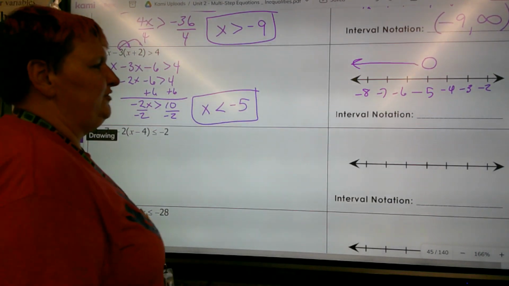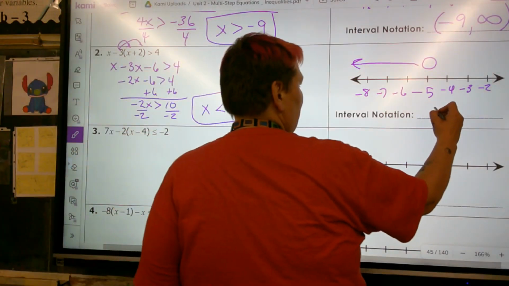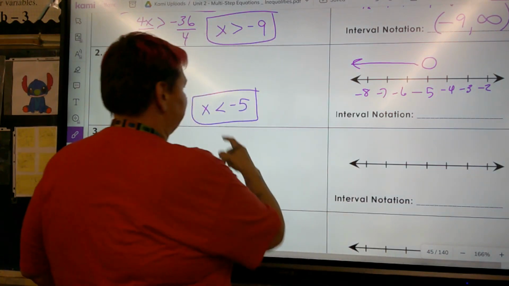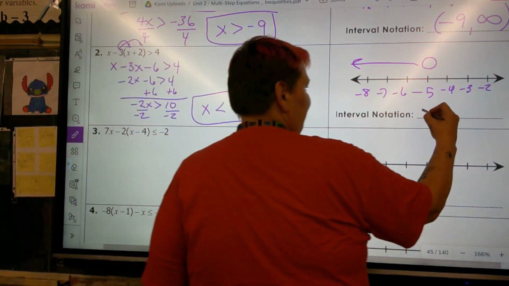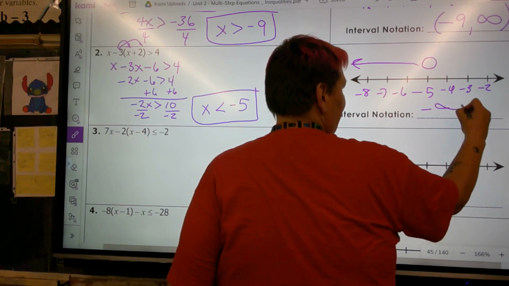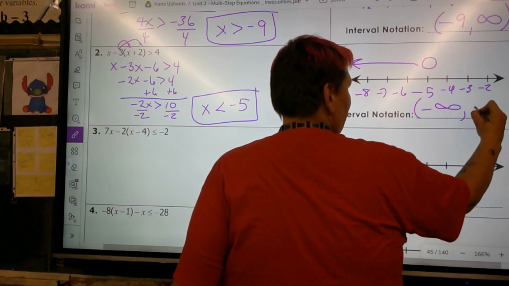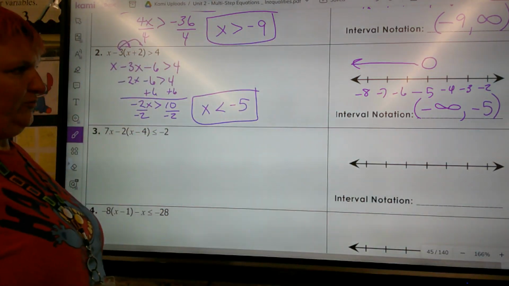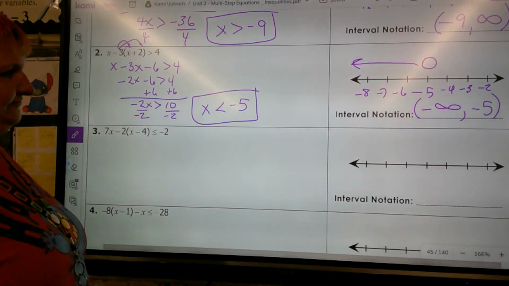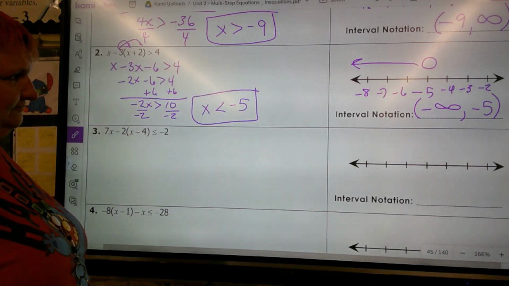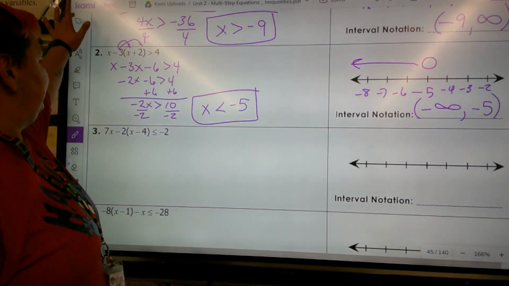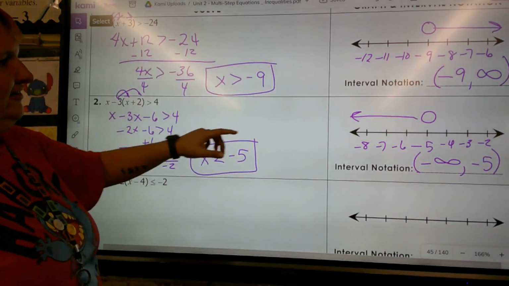All right, interval notation. Again, we have an open circle, but it's going left, right? So it's going to go all the way to negative infinity. Again, open circle. So think about that for a second. Find the pattern.